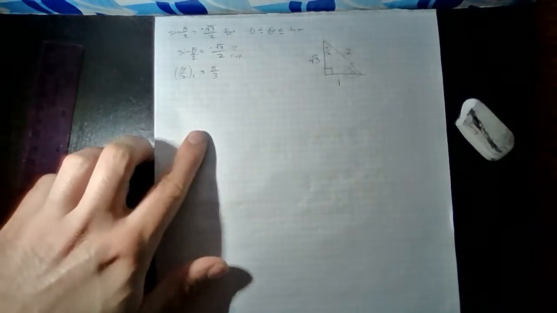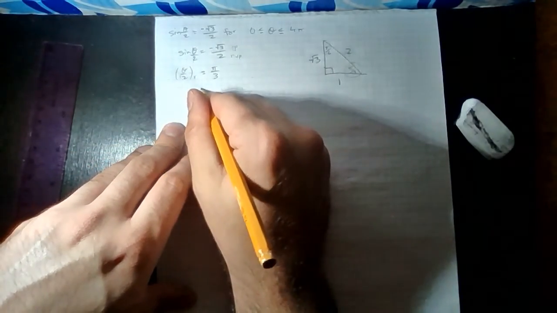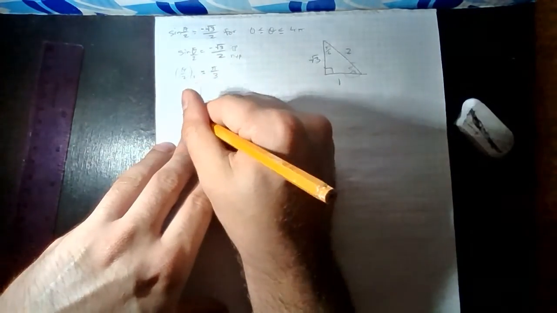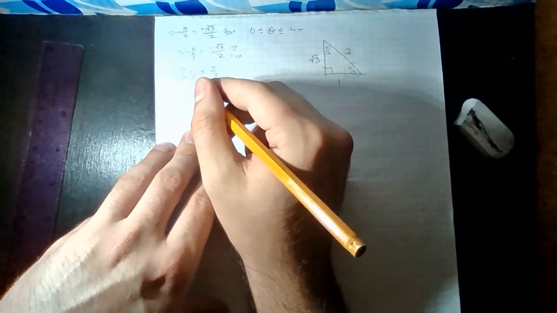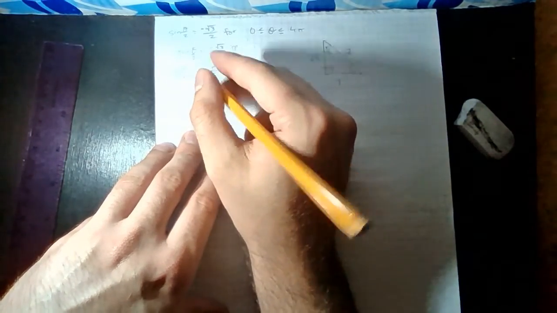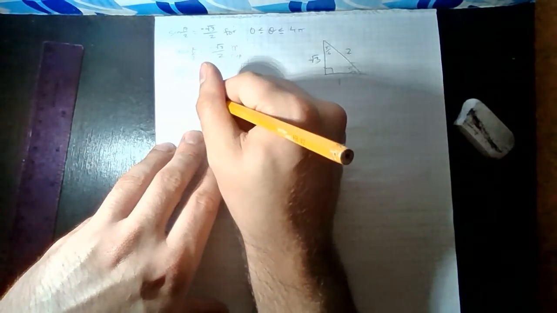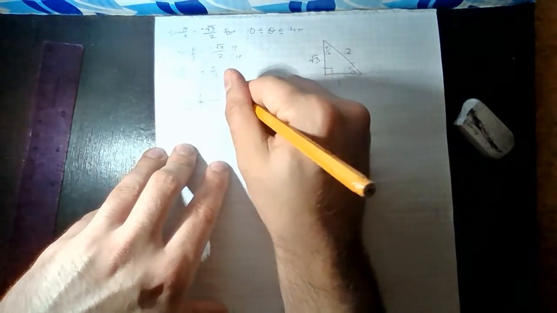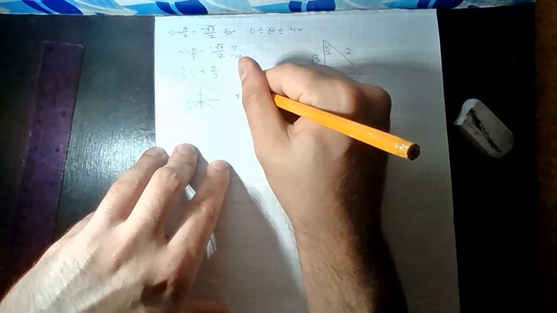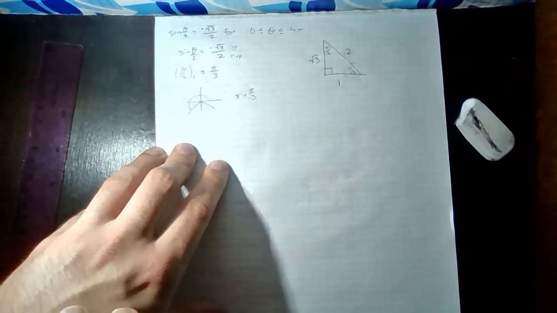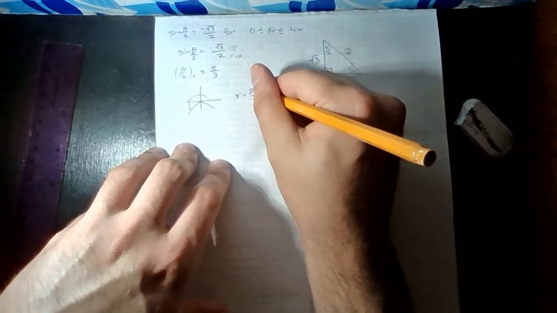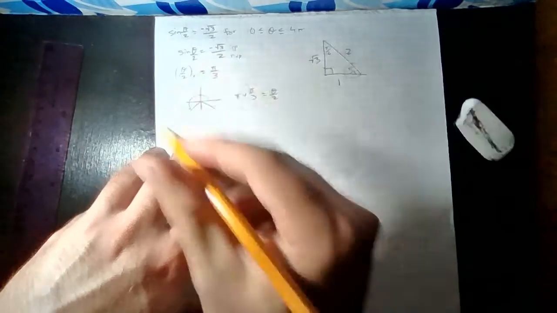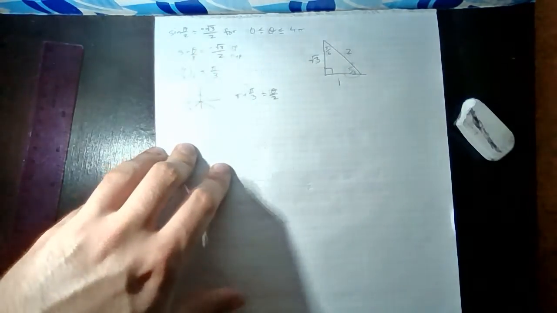Where is sine negative? Sine is going to be negative in the third quadrant and the fourth quadrant. To get to the third quadrant, that is pi plus our related acute angle of pi over 3, and that is going to be equal to theta over 2, because we're looking at sine of theta over 2.